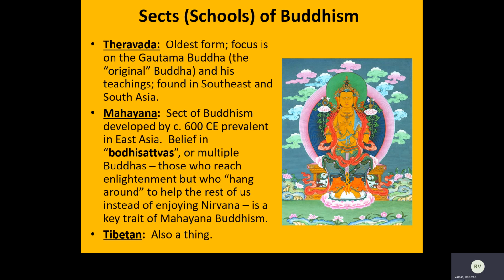So while Theravada Buddhism is really focused on the centrality of the Gautama Buddha, Mahayana Buddhism welcomes in a whole host of Buddhas, of semi-divine beings to the religion to help human beings in their quest for escape from the cycle of death and rebirth, and also for help in just our daily lives.